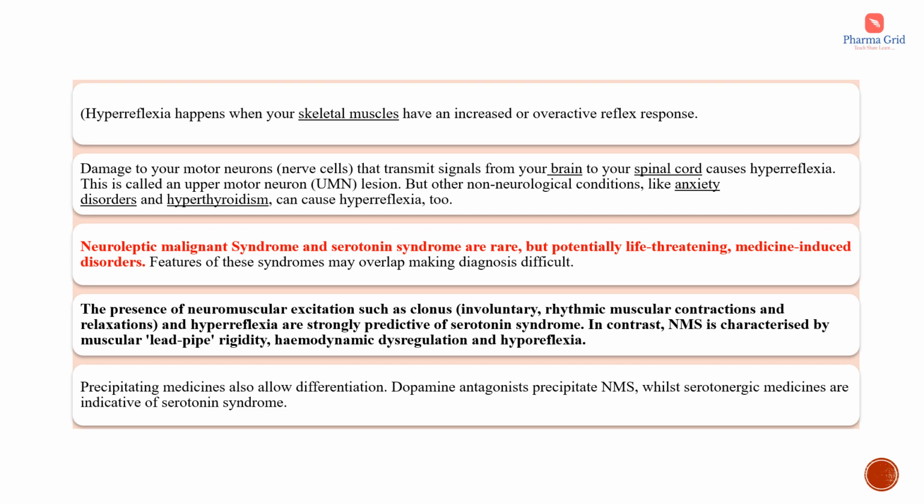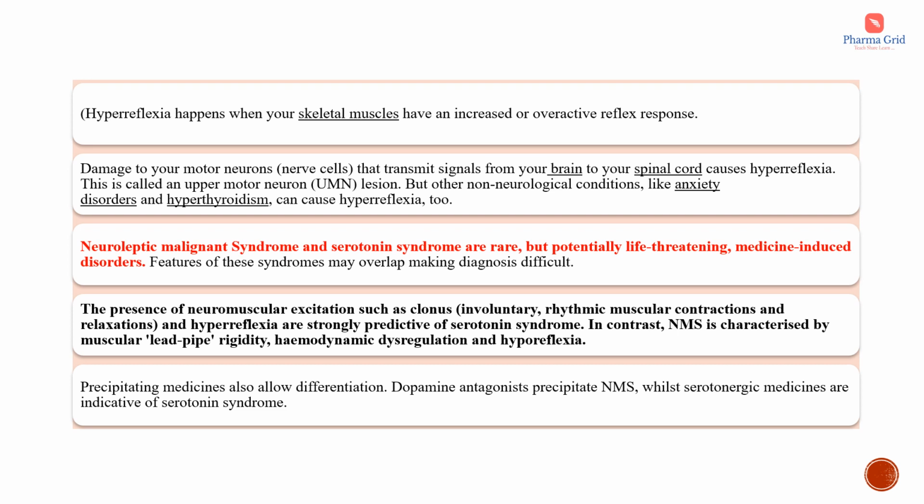The presence of neuromuscular excitation such as clonus, which means involuntary rhythmic muscular contractions and relaxations, and hyperreflexia are strongly predictive of serotonin syndrome. In contrast, neuroleptic malignant syndrome is characterized by muscular lead pipe rigidity, hemodynamic dysregulation, and hyporeflexia.